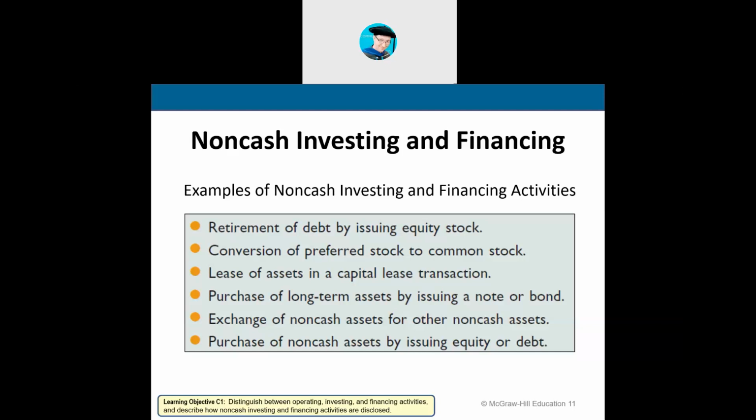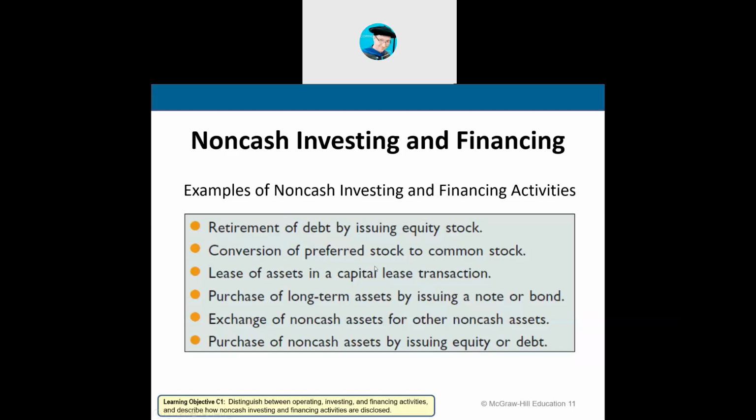When cash is not involved, we typically record this in the form of notes on our financial statements. This would include things like the retirement of debt by issuing equity stock. In other words, I'm converting the debt into stock.